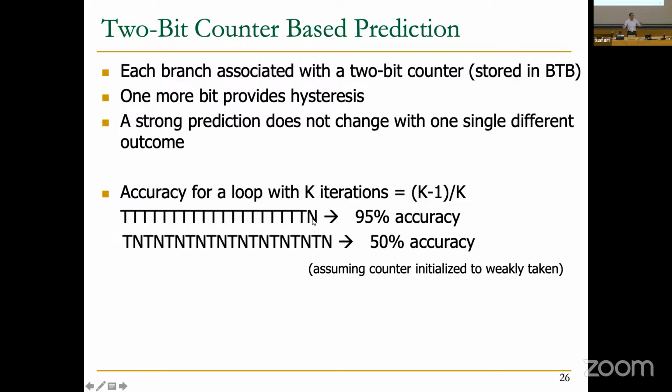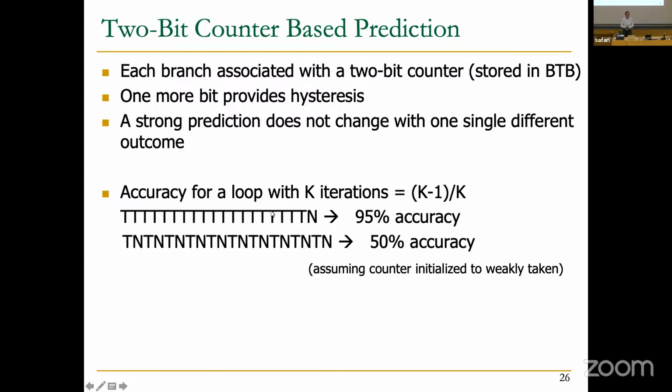This is truly a loop branch. So in the last instance, when the branch is actually not taken, you predicted it as taken, because it was set to strongly taken. So you mispredicted it, but you didn't change your mind. It became weakly taken. So whenever you enter the loop again, you're going to predict the branch as taken, right? So you're not going to make the mistake twice here. You're going to make the mistake once. So you get 95% accuracy on this loop branch.